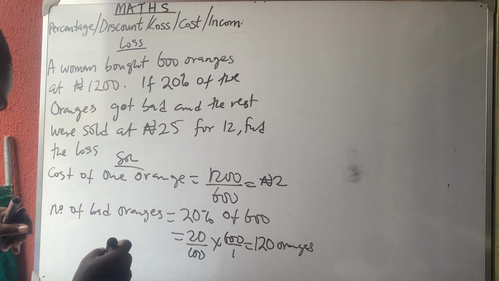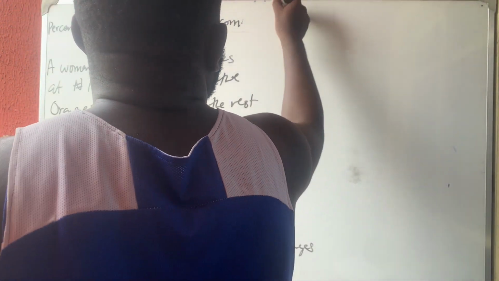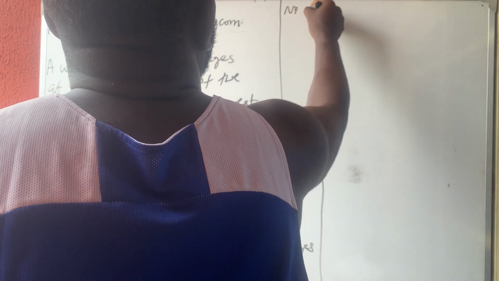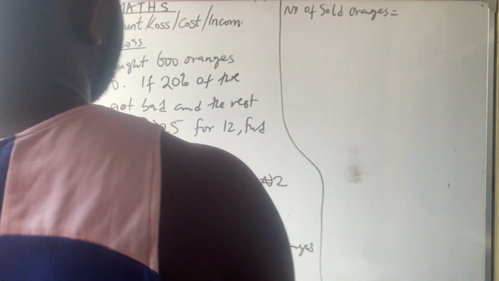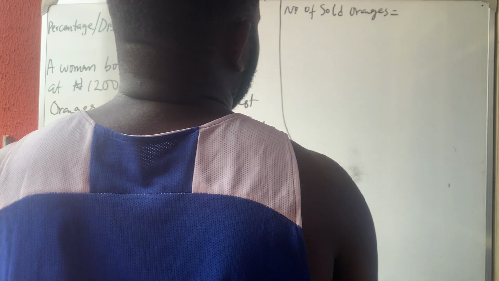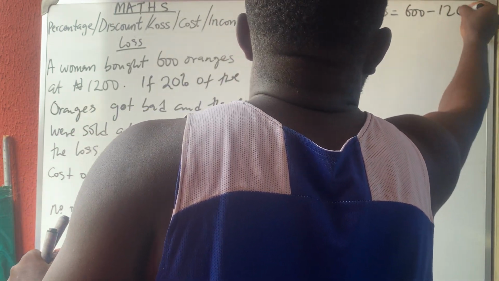So 120 oranges got bad. The number of oranges she sold is the total minus the ones that got bad.